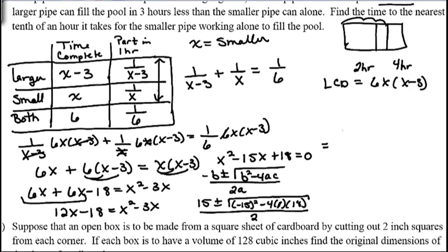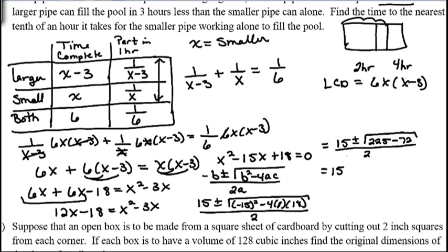Okay. We have 15 plus or minus the square root of negative 15 squared, and that gives me 225. And then minus 4 times 18, that gives me 72, and it's all being divided by 2.